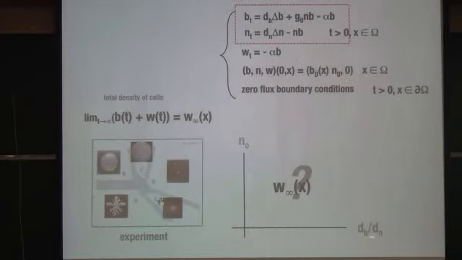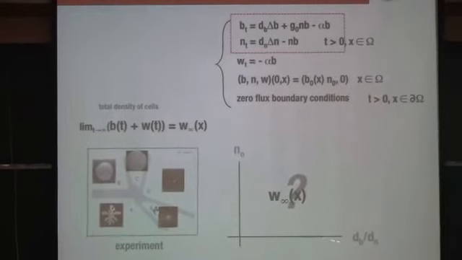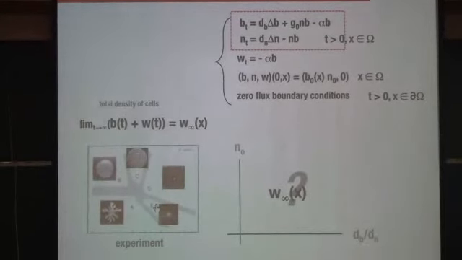And this axis is the ratio of dB over dN. This is sort of mobility, okay? And the question is, does W infinity of X generate this kind of pattern? That's the question, okay?